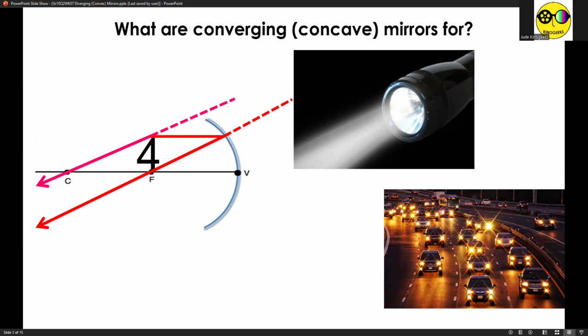We can only have parallel light rays that can help us navigate through certain areas, especially when it's dark in the case of a flashlight, or especially in the evening wherein there's limited visibility because there's no sun, and there's only the moon, and cars might be colliding with each other if not for the headlights or the taillights.